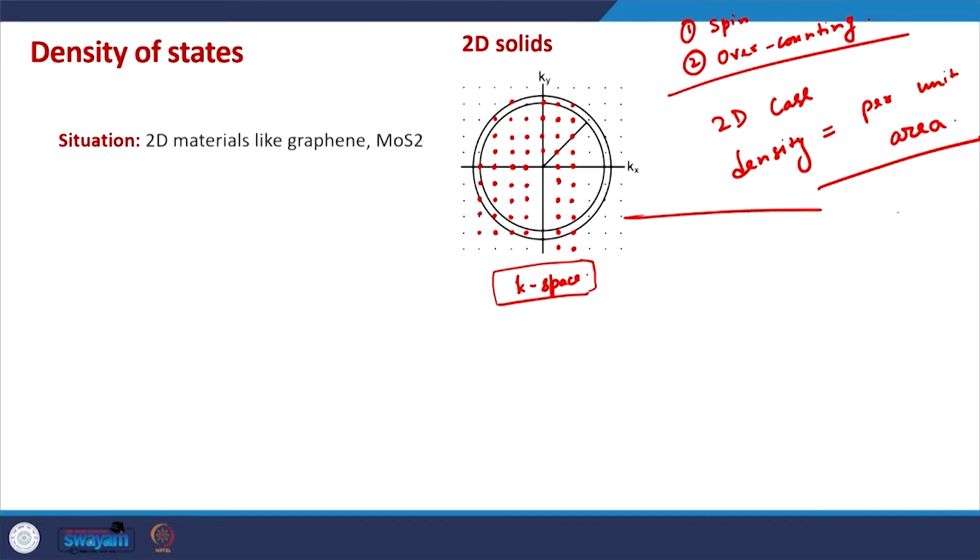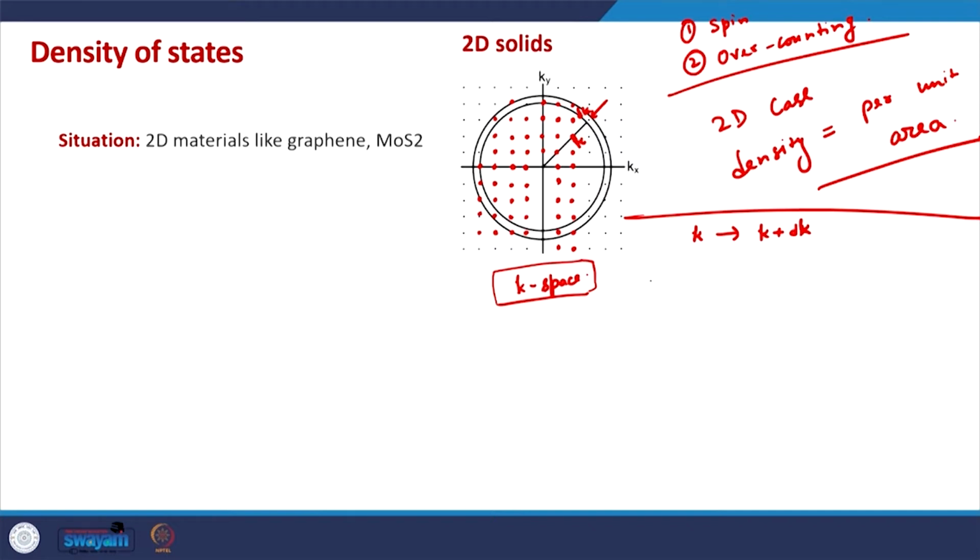So, in order to find the number of allowed k points in the range from k to k plus dk, we draw a circular ring whose inner radius is k and outer radius is k plus dk. So, the width of this ring is dk.